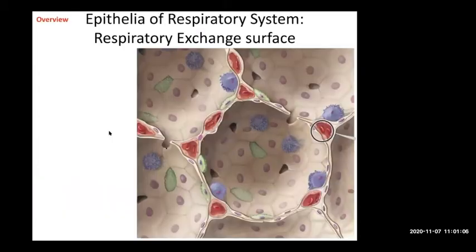All right, so let's get into this alveolus right here, right? Air has come in, and air is going to want to get into the capillaries surrounding it. What do you want?